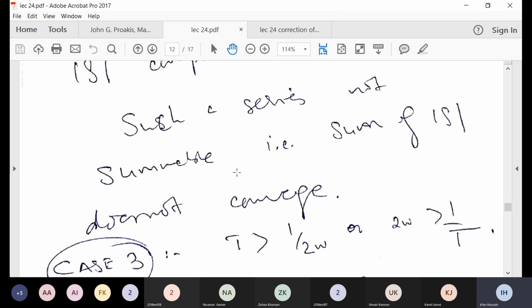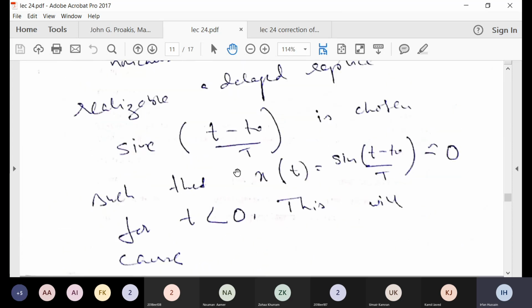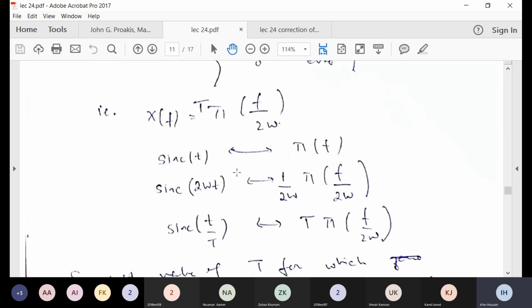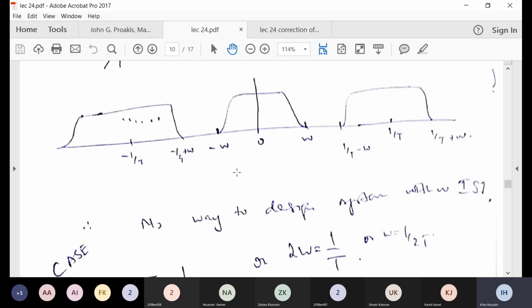This was case 3, that 2W is equal to 1 over T. So W is equal to 1200. This becomes 2400. So 1 over T is equal to 2400. This is the Nyquist rate.